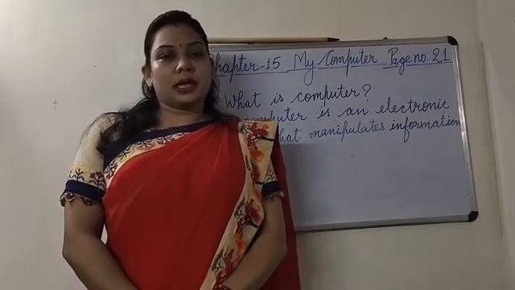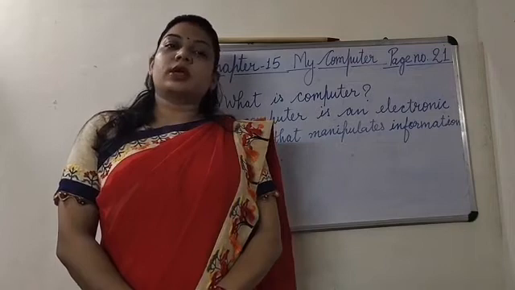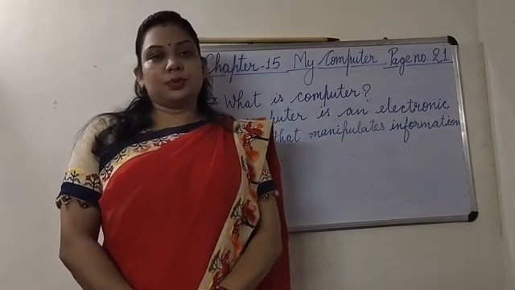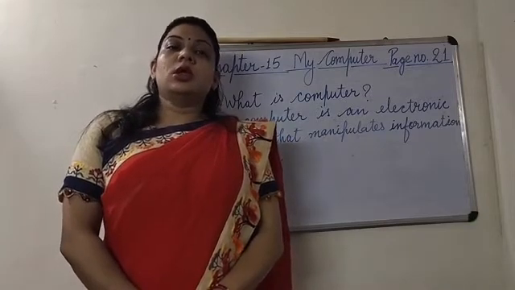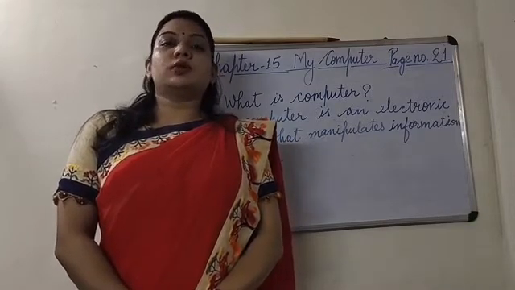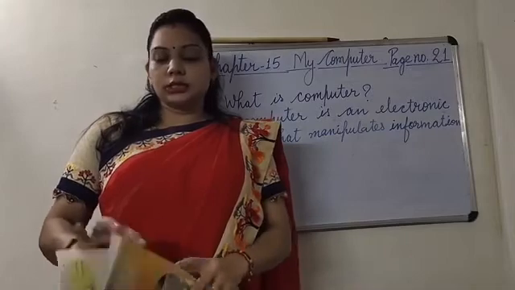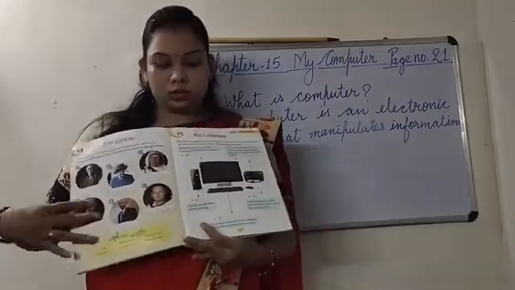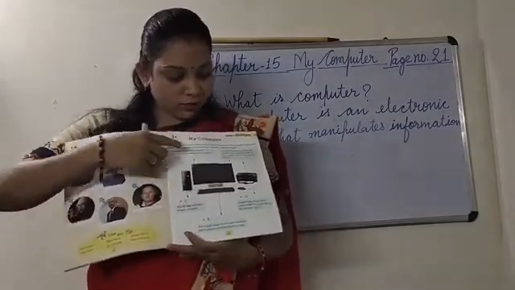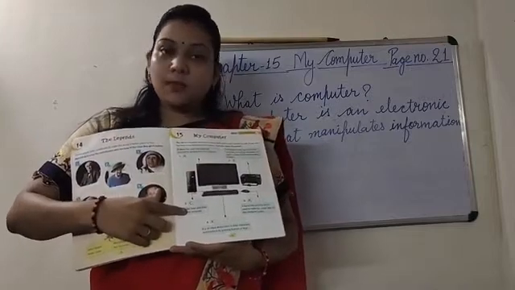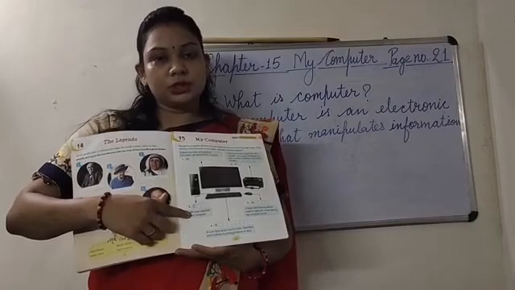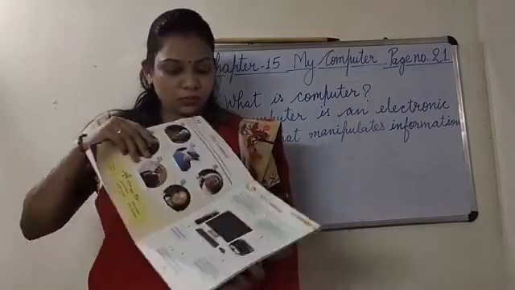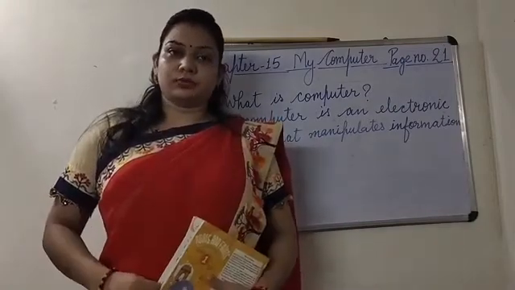Please learn the spellings, parts of the computer, what is computer, and you have to learn the function of the parts of the computer that is given in your book. You can see the function is given in the boxes. You have to learn the functions of the parts of the computer. Okay?